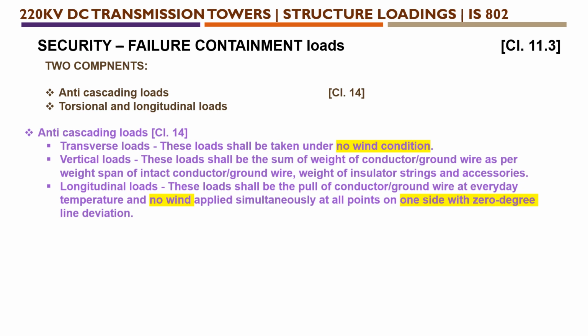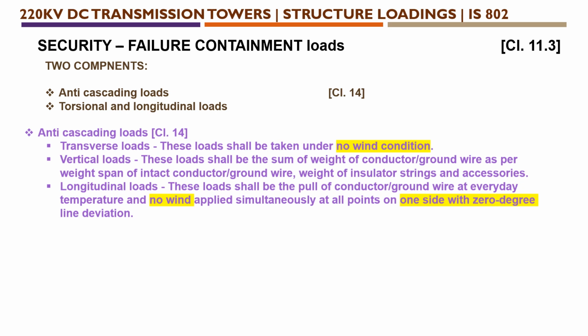For tension towers with angle, for small angular tension towers, the angle of conductor deviation may vary from 0 to 5 degrees, for medium it is 5 to 15 degrees, and for large it is 15 to 30 degrees. So there are various types of tension towers under angle, and we need to consider the transverse loads accordingly.